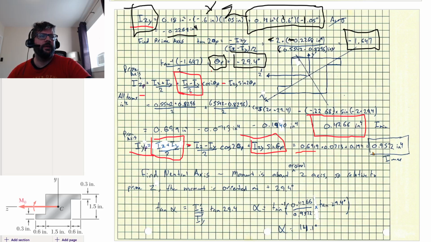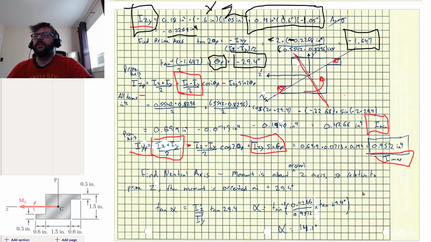So we end up getting a maximum value for the I. If we're trying to bend about this axis, these bits are as far as possible from that axis, which results in an Iy prime at its maximum. So this is our I minimum, this is our I maximum.